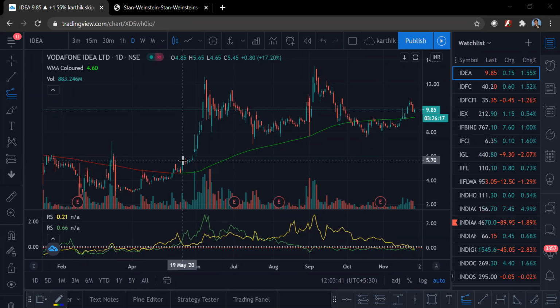Where it opens, from there, till where you can find proper support, a proper swing low. You first click there, and after clicking it gets pinned over there. The second click, bring it to where you think is the proper support.